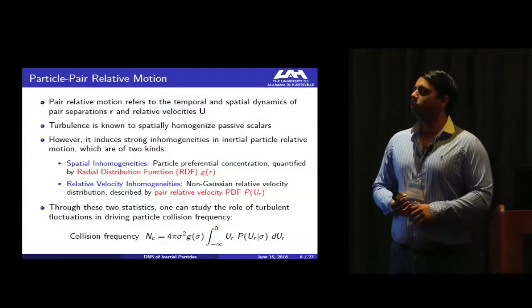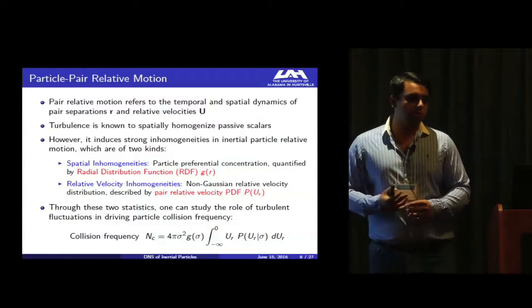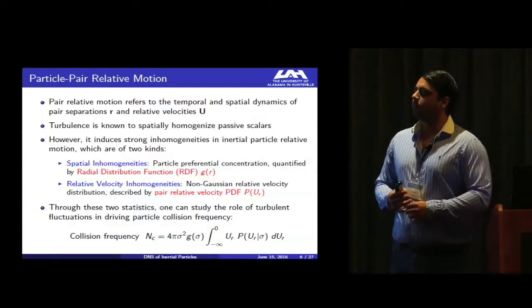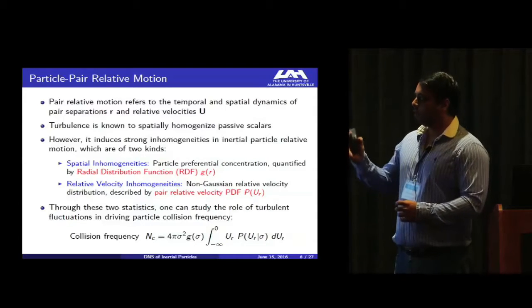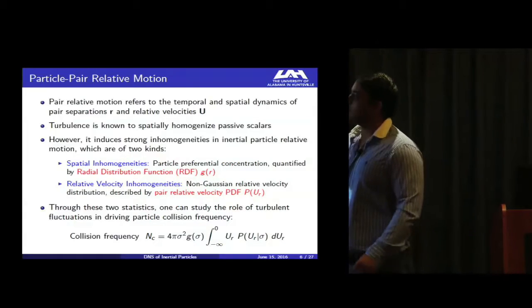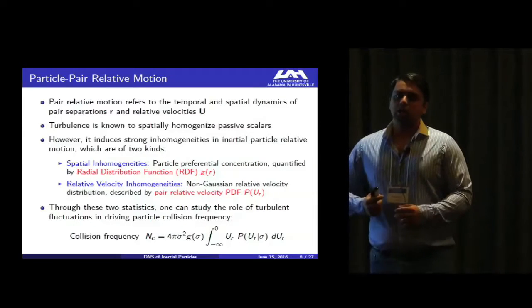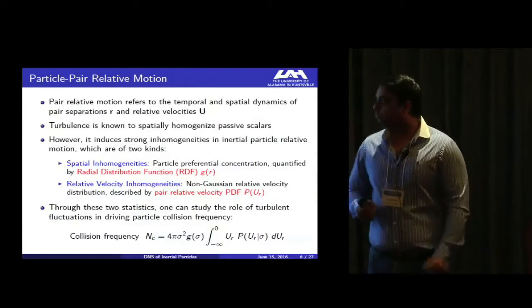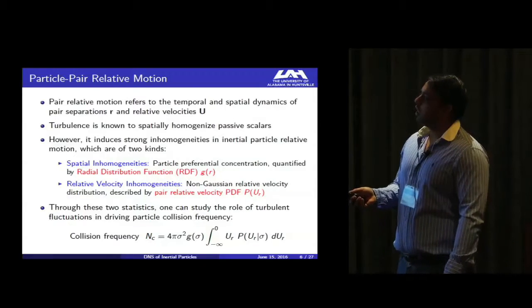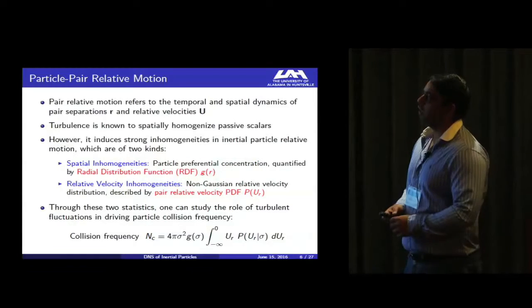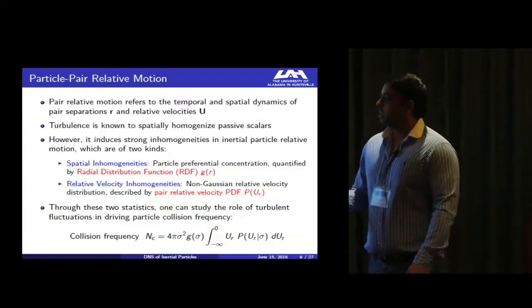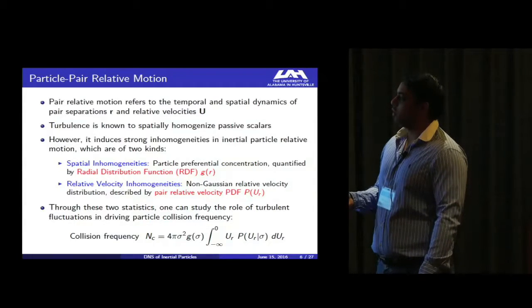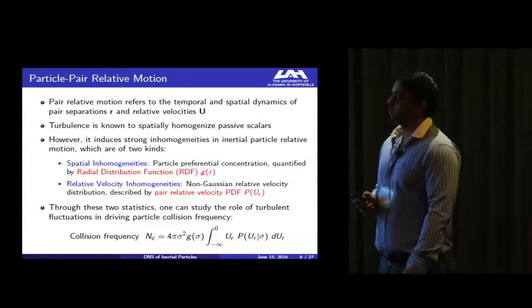And relative velocity inhomogeneities are shown by the non-Gaussian relative velocity PDFs, the PDF P of u sub r, where u sub r is the component of relative velocity along the pair separation. And both these statistics, RDF and PDFs, are used as an input to compute the collision frequency, which is given by this expression.